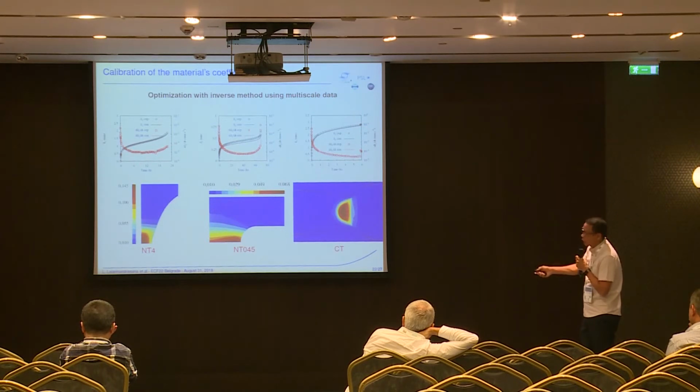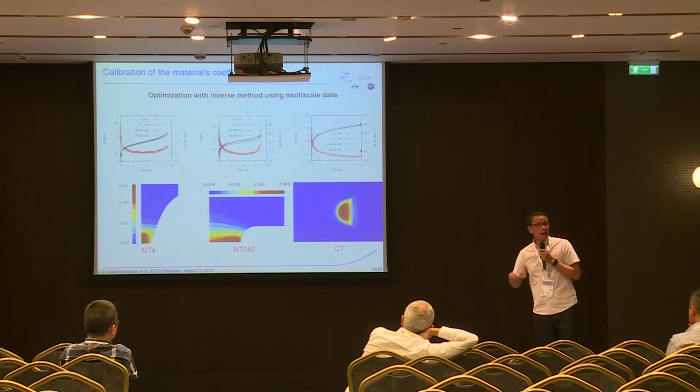We can see here the obtained set of coefficients. Here the macroscopic variables are in good agreement, but we also used the distribution of the void volume fraction, because we have the porosity in the model.